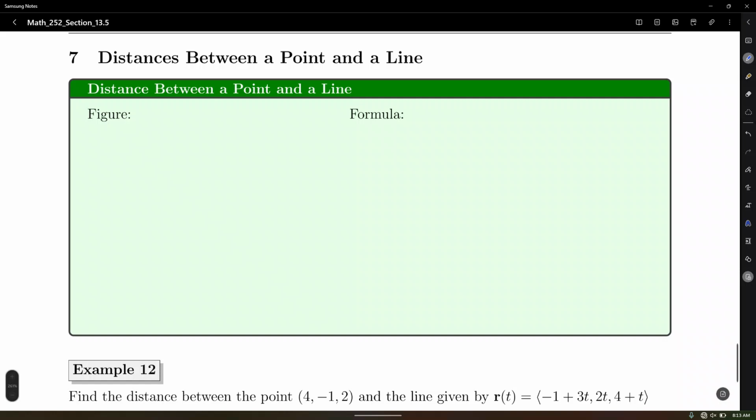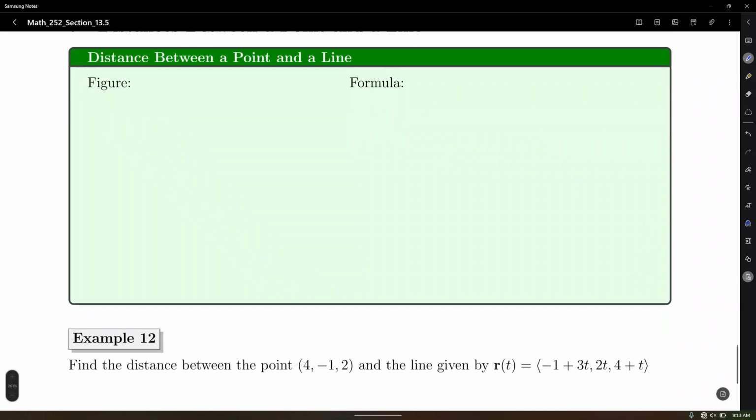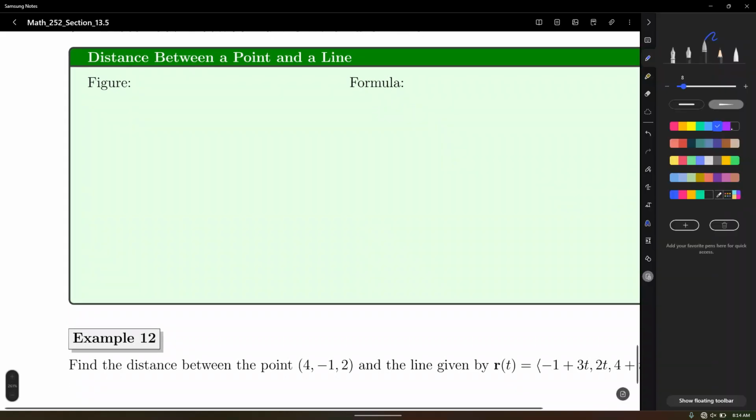Okay. The last topic in this section is now the distance between a point and a line. Okay, so how are we going to do this? Well, let's consider a line. So we have this line given by some r of t, some vector valued function, a line that we already know how to write.